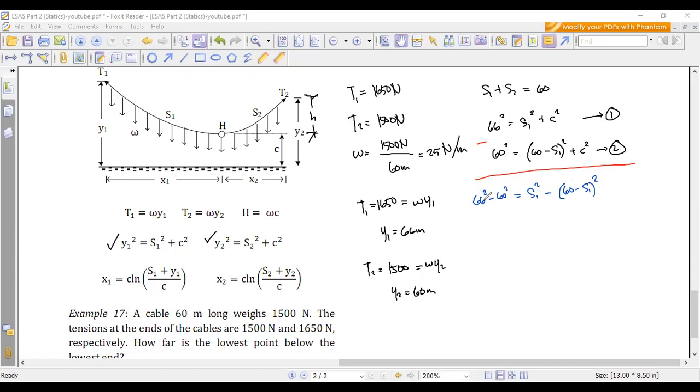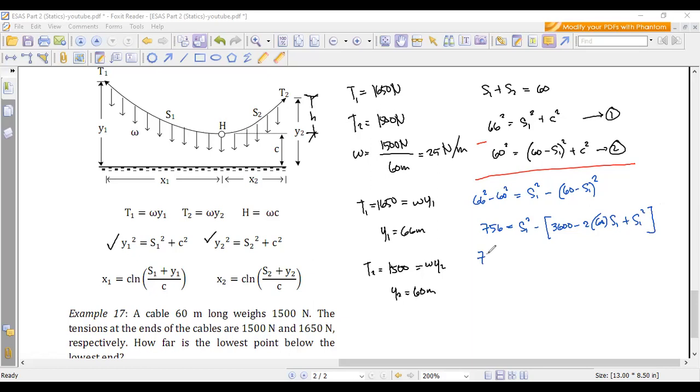Calculating directly, this gives us 756. This is S1 squared minus, so 60 squared is 3,600, minus 2 times 60 times S1, plus S1 squared.